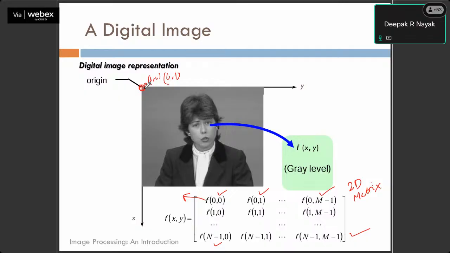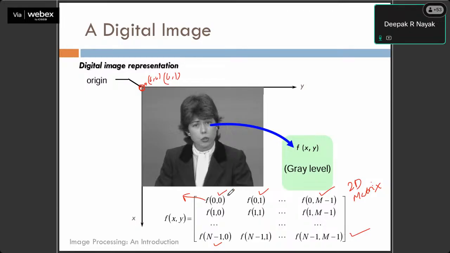The intensity at this coordinate is f of 0, 0, and the second is f of 0, 1. That means the color or intensity values of these pixels. An image consists of a number of pixels, and every pixel has two things: its coordinate and its corresponding intensity value. So when I say f of 0, 0, it is the intensity value.